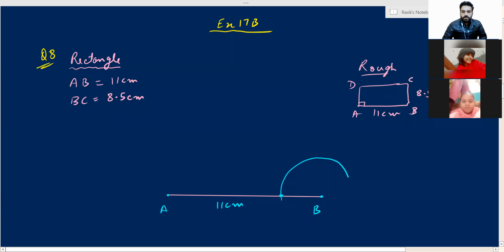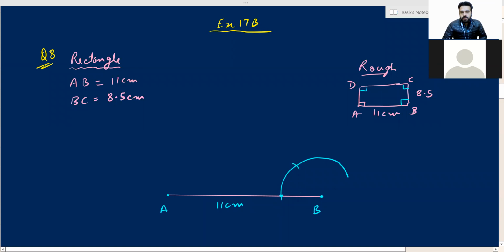We have to construct a 90-degree angle at both angle A and angle B, since all the angles in a rectangle are 90 degrees. Let's construct angle B first.